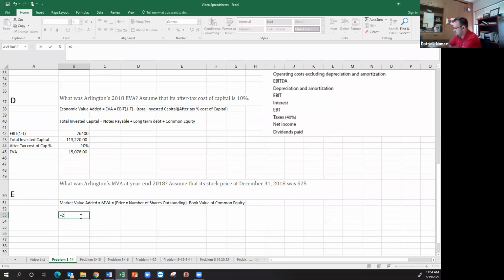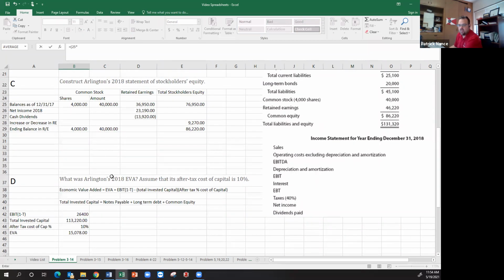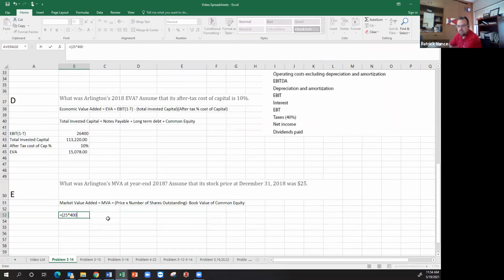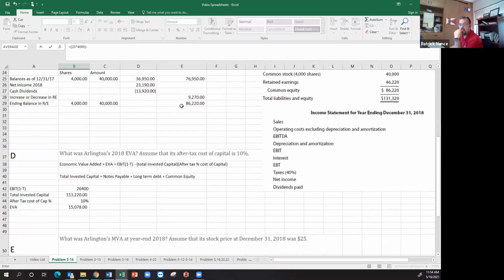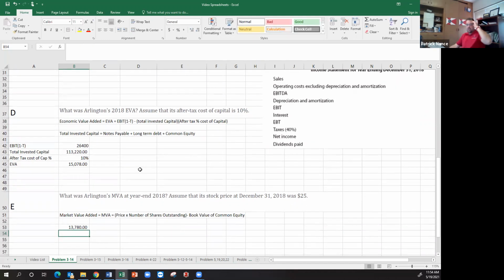So 25 times my number of outstanding shares, which was still 4,000. That didn't change. So there's my price times the number of outstanding shares minus the book value of the common shares. And I can go back up and find that as this 86,220 that I already calculated before. So my market value added is 13,780. And that'll be it for this video.